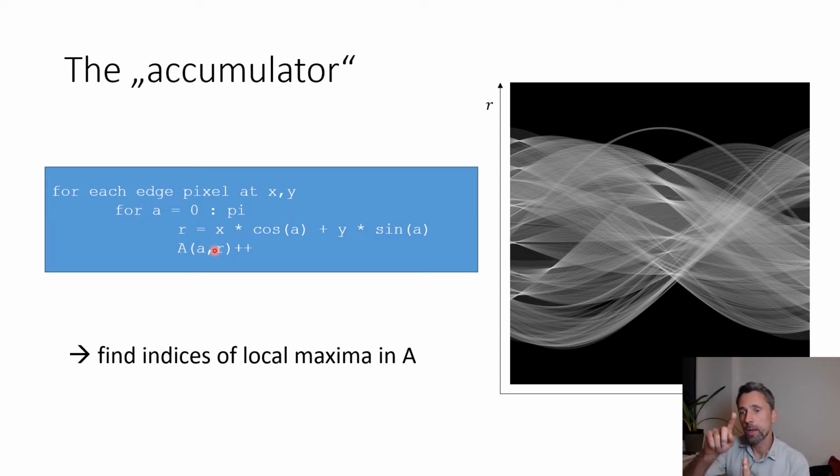So we have 2 dimensions, r and alpha. We increment that specific position in the accumulator.